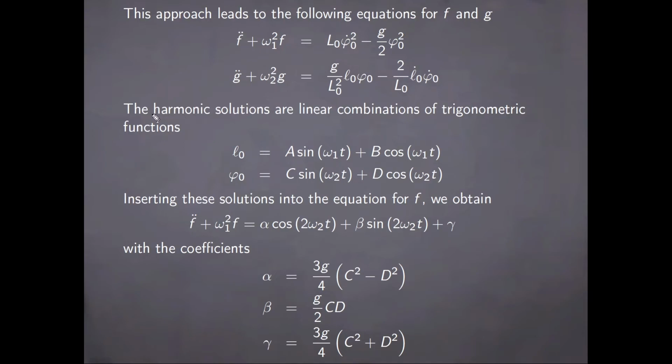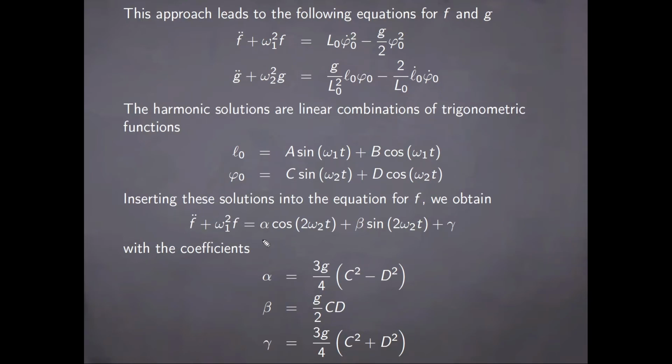But in any case, the harmonic solutions are linear combinations of trigonometric functions. So I've written the previous result, but in a more general form for L0 and phi0. And if, for example, we insert these solutions into the equation for f, into the result here, we obtain an equation of this form.